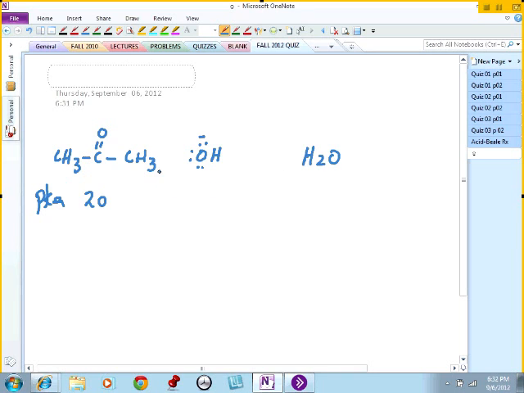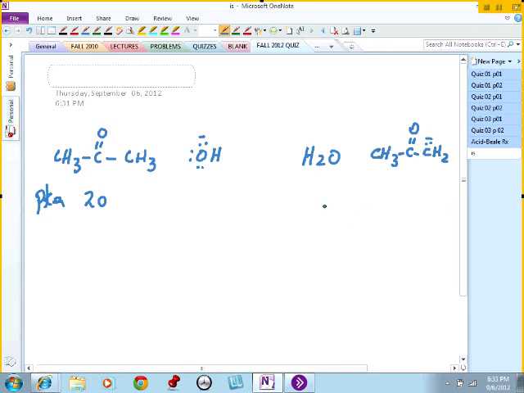And the conjugate base of this will be formed because we are going to lose one of these hydrogens, and then we place a negative charge on carbon. So we have this, and that will be the conjugate base.